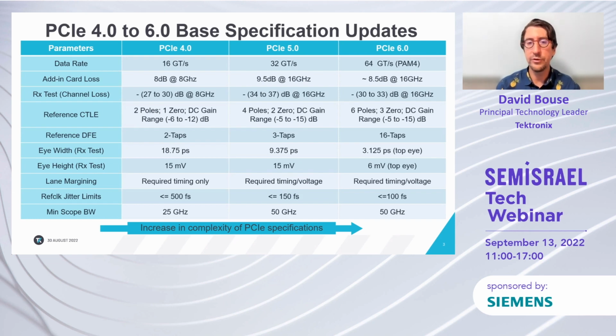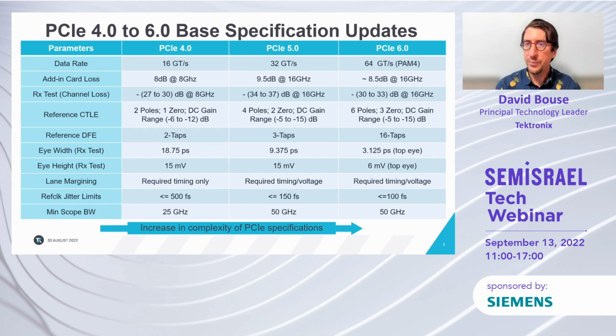unit interval, or UI. The spec doesn't explicitly define a full channel loss, but it's somewhat indirectly defined in a couple of ways. First, you can see in the table what our add-in card or endpoint loss is, and that's gone from 8 dB to 9.5 to 8.5 at the respective Nyquist, and you can see that static Nyquist as we've gone from Gen 5 to Gen 6.